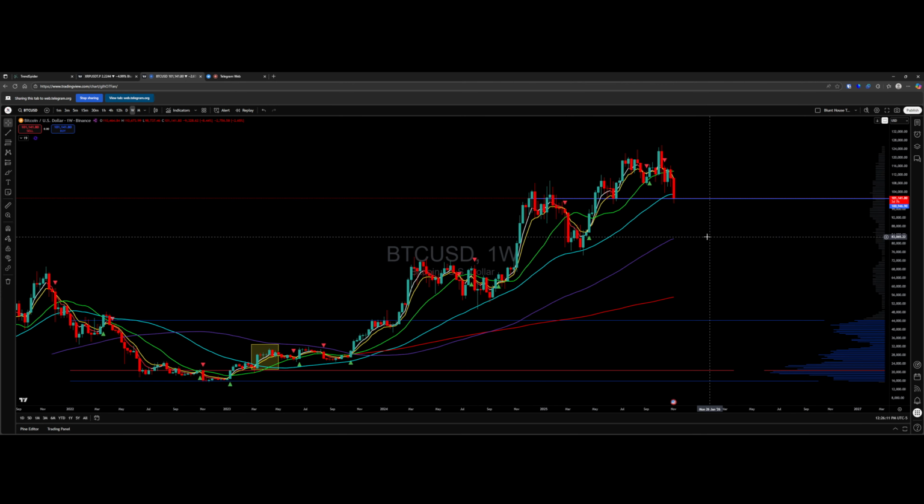Now I understand it's a weekly chart. Time and price will obviously adjust somewhat, but I think target-wise, if this breakdown continues and you fail that 100,000 level, that 109.46, then you have to start looking somewhere down here. And I hate to say it, but that's in the mid-80s.